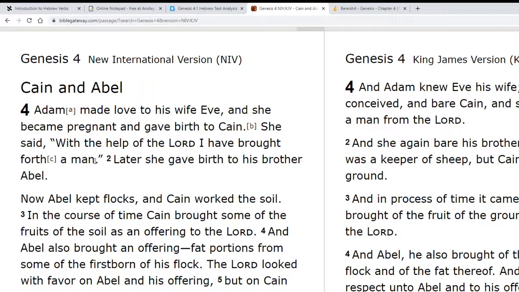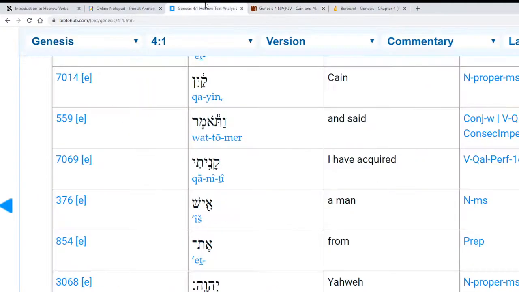Oh, you know what? Okay, so they're translating the direct object marker as "with," right? So yeah, I guess that does make sense: I have acquired a man with God.